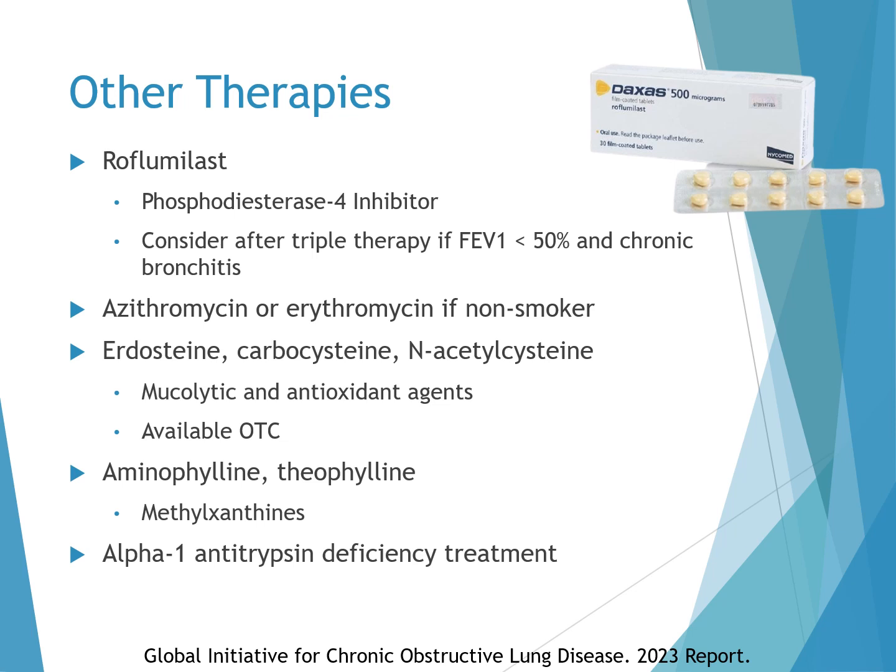The next is azithromycin at 250 milligrams a day or 500 milligrams 3 times a week, or erythromycin at 500 milligrams 2 times per day. And this would be used over 1 year and has been shown to reduce the risk of exacerbations compared to usual care.